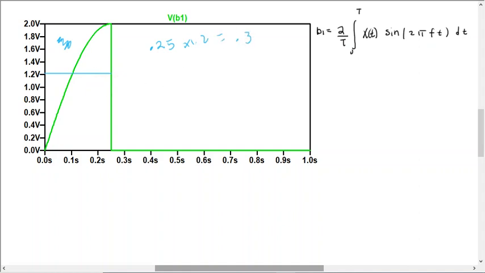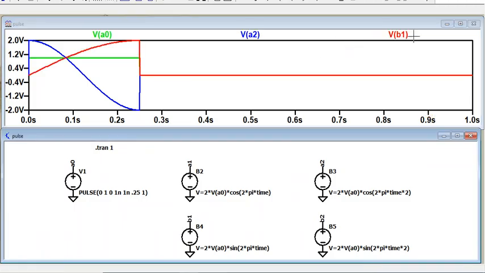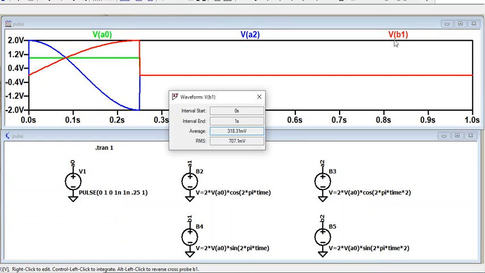If I did it the triangle way, right, I would get 1/2. The base is 0.25. The height is 2. Okay, so we get the same answer as before. We can go and find that, and you'll see that it's 0.318.